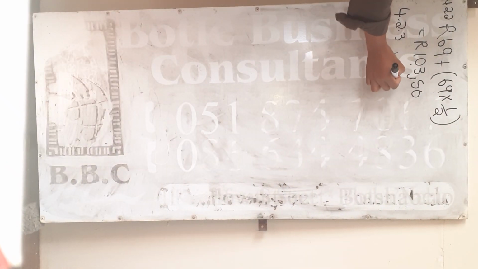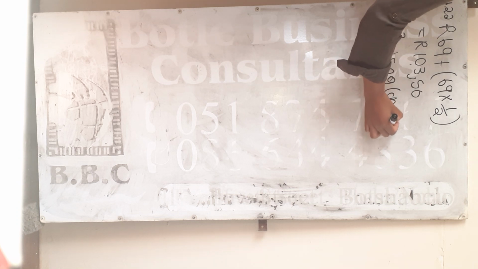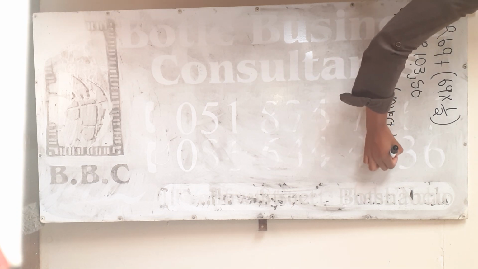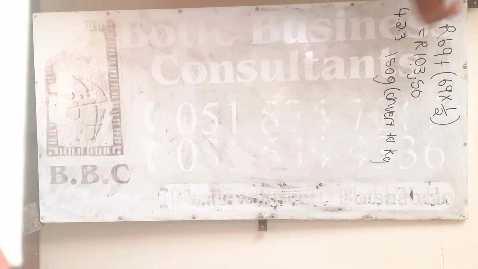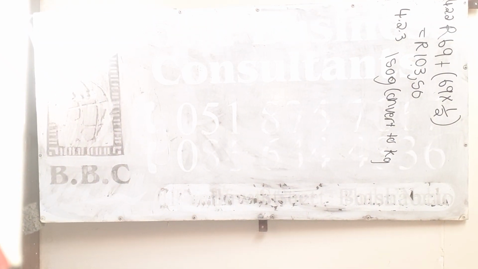150 grams. We have to convert to kgs. Now when we convert a big mass to a small one, we multiply, but when we convert a small mass to a bigger mass, we divide.